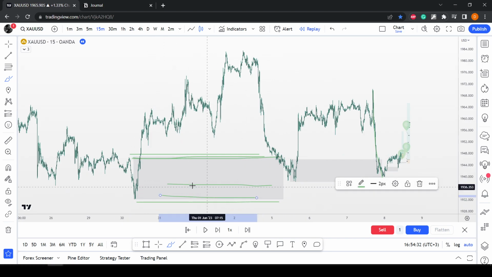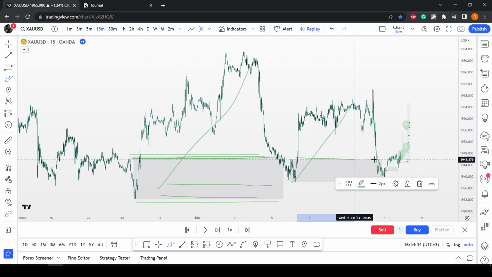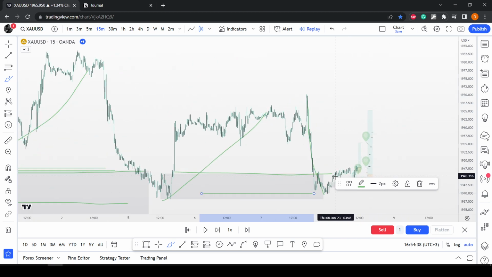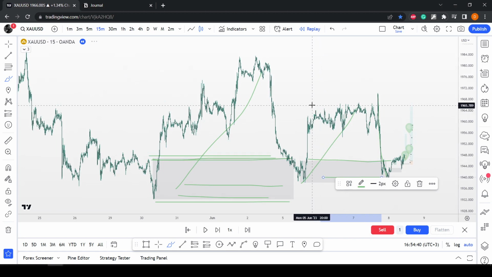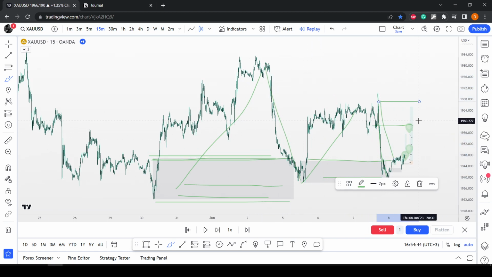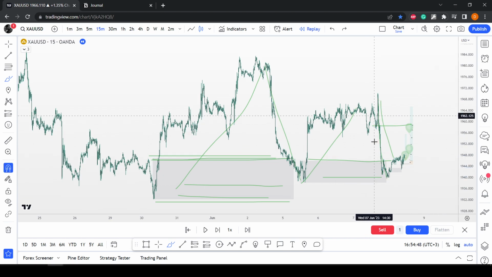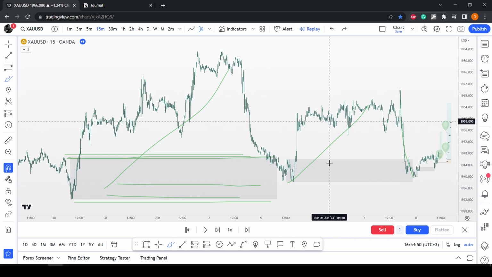Why? Because we have this up move, and possible development here. Even if it's bearish logic, it could go a bit higher, specifically from this zone, because it's far below this recent break.